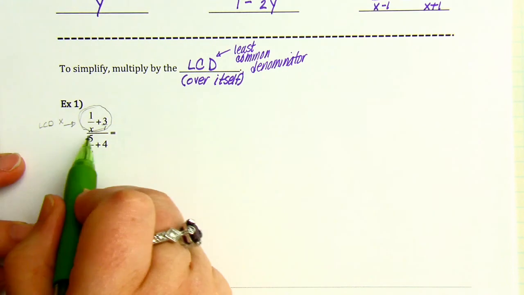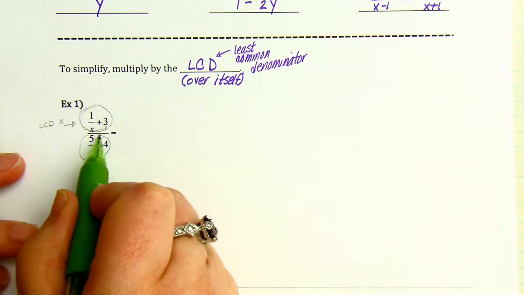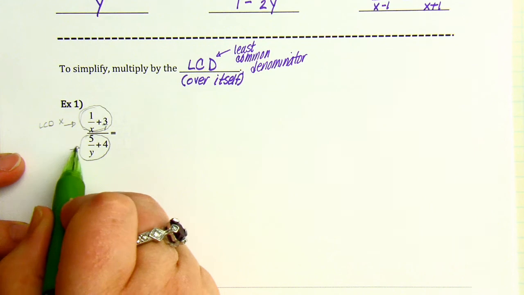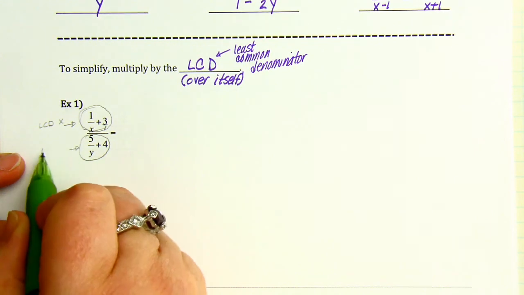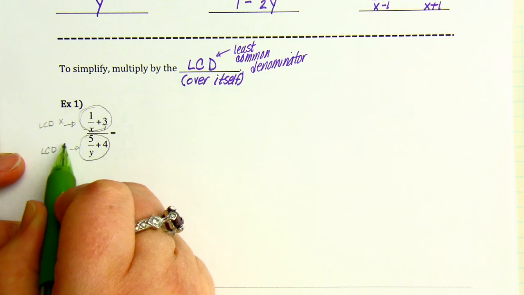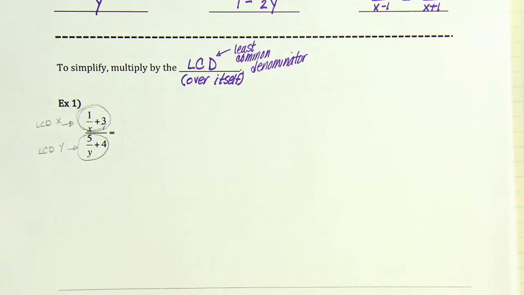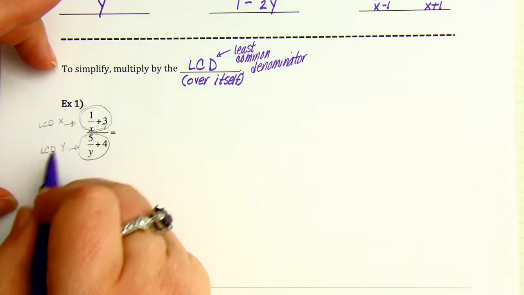And now I look at the denominator expression, and the LCD here just for those is y. But the least common denominator for the whole entire complex fraction is xy.